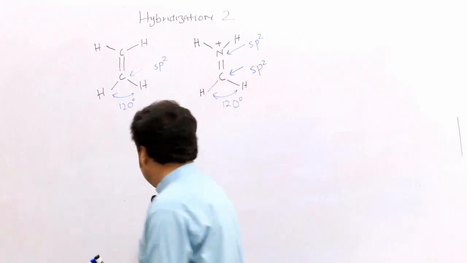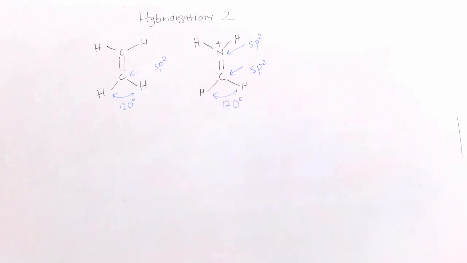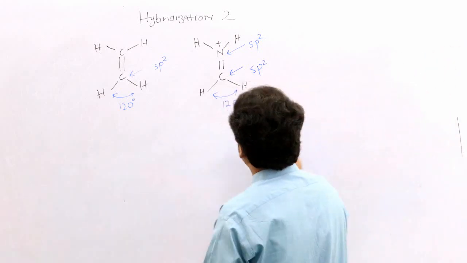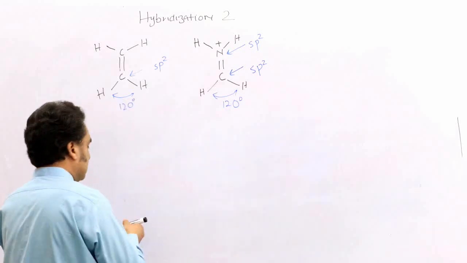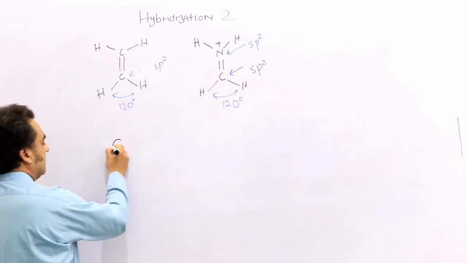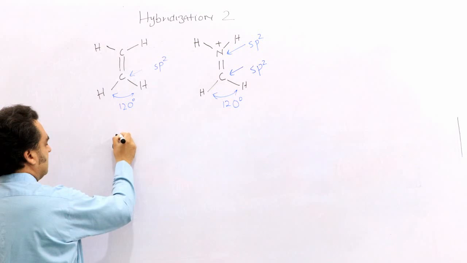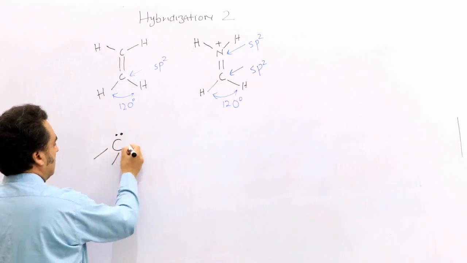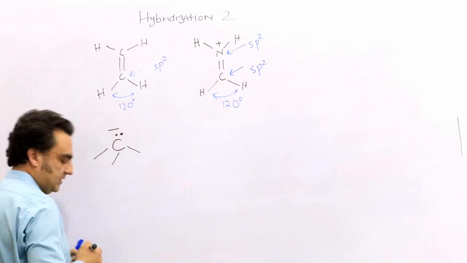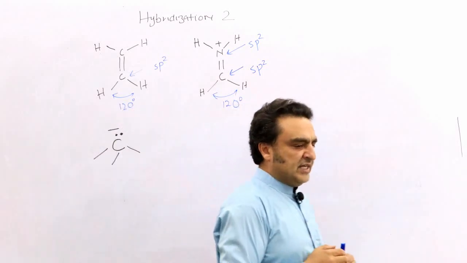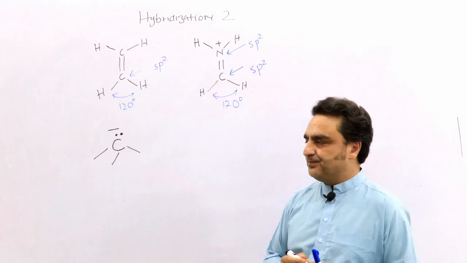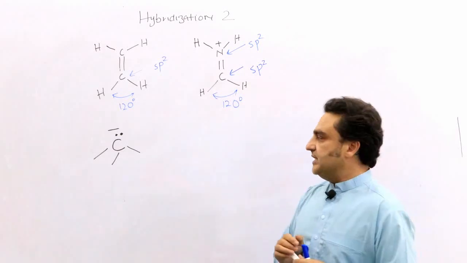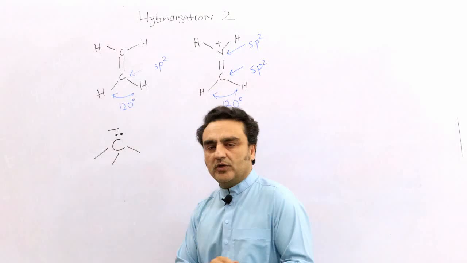Now I have also given the third example. I should not erase it right now. The third example was this one, carbon with a non-bonding electron pair on it. This carbon is called a carbanion. As you see, what will be the hybridization of this molecule?